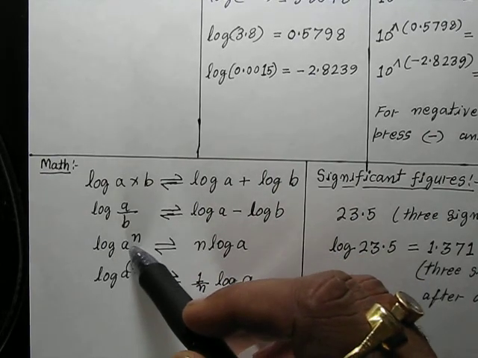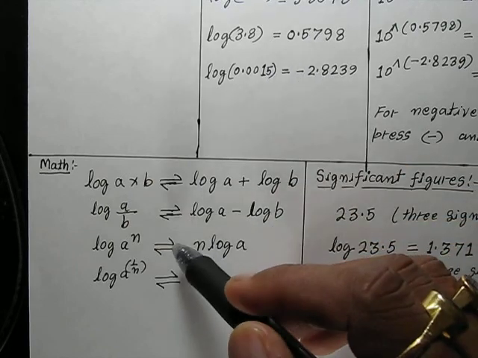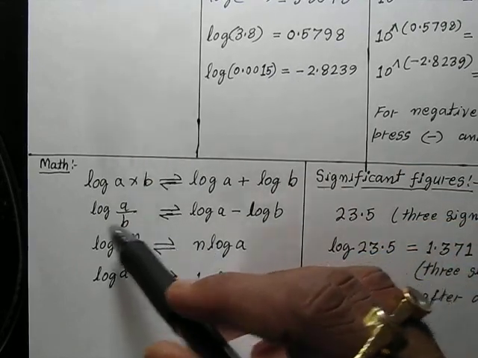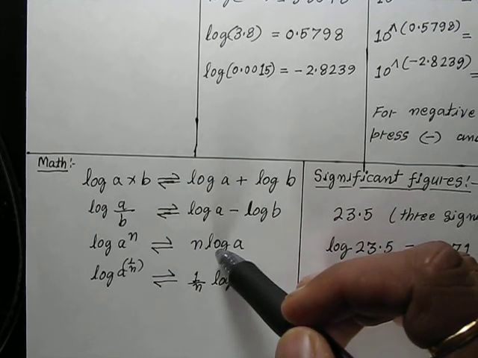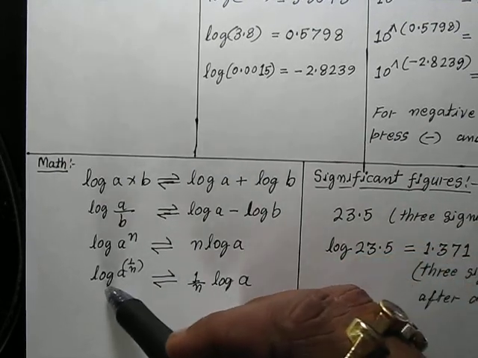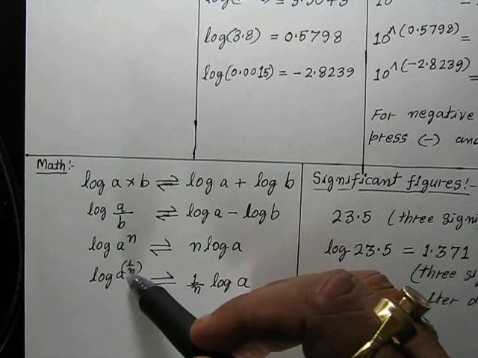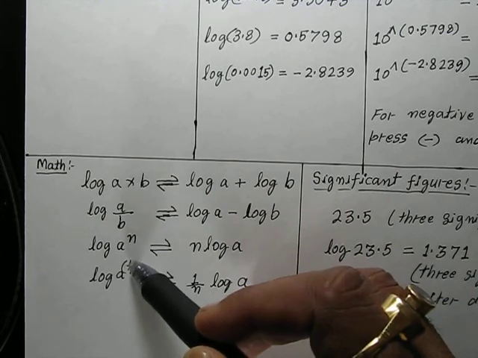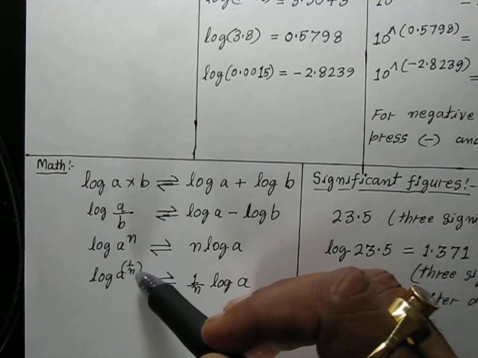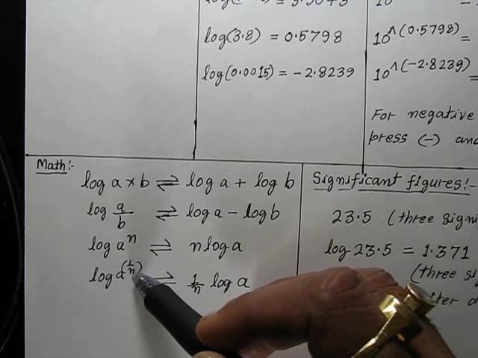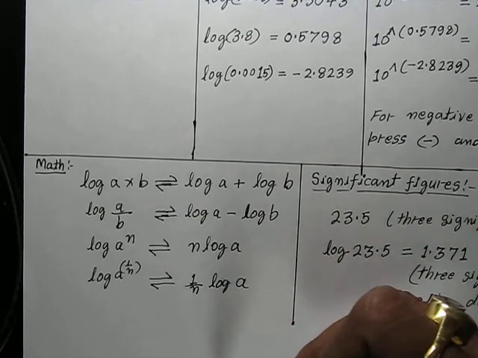If you have log a raised to the power n, the power n goes before the log, so n log a. And if it is the nth root, it will become 1 divided by n log a.